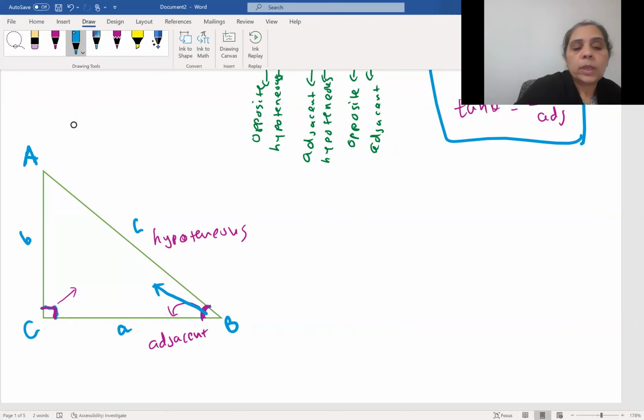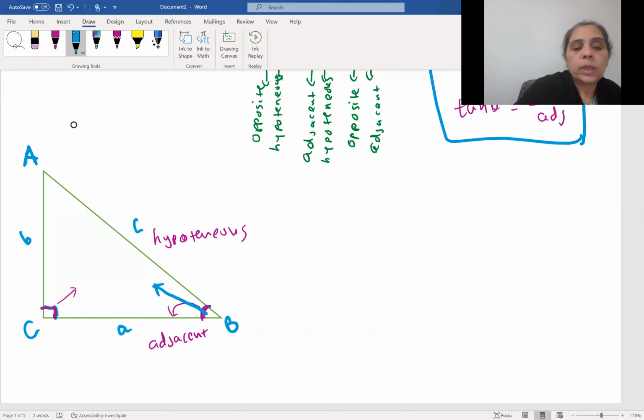Now we can find the sine function. Sine B equals, by SOHCAHTOA, OH. O is opposite, which is b, and hypotenuse is c.